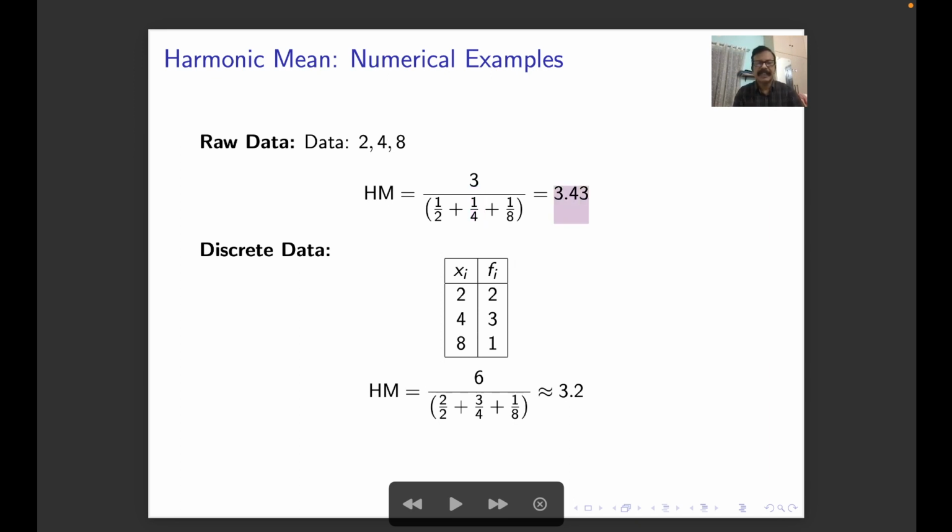In case of discrete data, xi is 2, 4, 8 and fi is 2, 3, 1. So harmonic mean equals 6 divided by 2 by 2 plus 3 by 4 plus 1 by 8, so that we can compute it as 3.2.